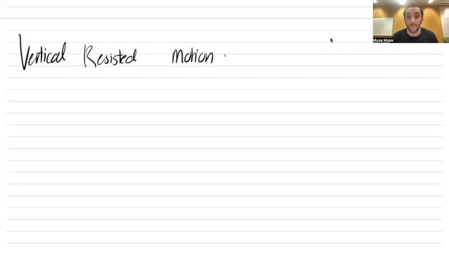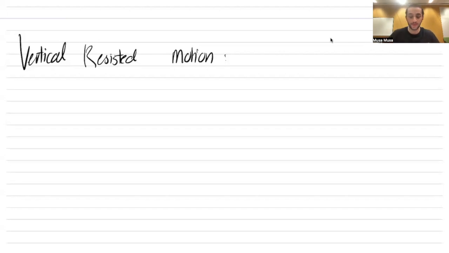Alrighty, and now we're back to vertical resisted motion. As opposed to horizontal motion, whether it's resisted or not, there's always this one thing that's lingering in the back of these vertical resisted motion questions. And that's the fact that there's gravity, okay? Now, gravity always pulls downwards, but the issue is on the way up and on the way down, there's another force which is acting in different directions.